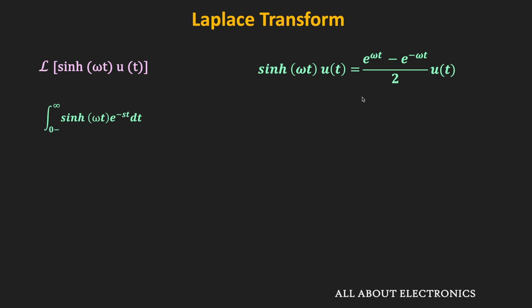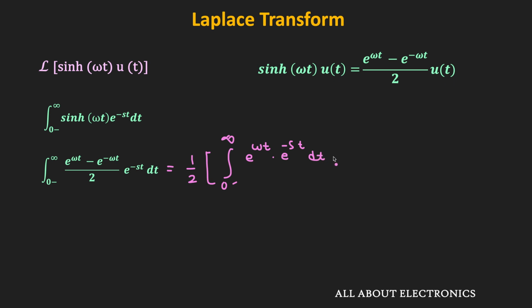Or further using this expression, it can be written like this. That means it is equal to 1 divided by 2 times integration from 0 minus to infinity e to the power omega t times e to the power minus st times dt minus integration from 0 minus to infinity e to the power minus omega t times e to the power minus st times dt.